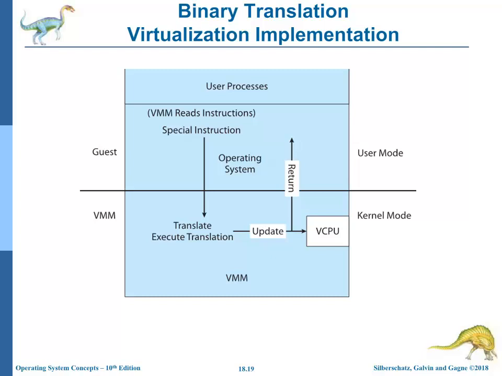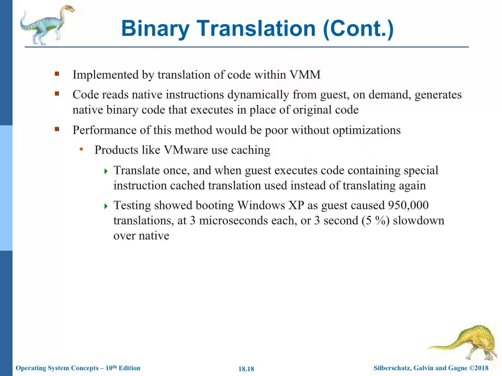The code reads native binary instructions dynamically from the guest on demand and generates native binary code that executes in place of the original code. The replacement code for each instruction that needs to be translated is cached. All later executions of that instruction run from the translation cache and needn't be translated again. If the cache is large enough, this method can greatly improve performance.